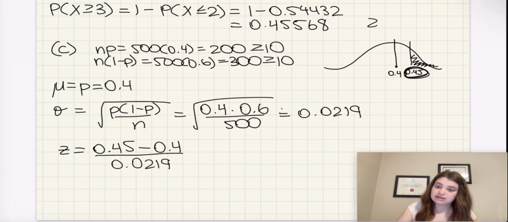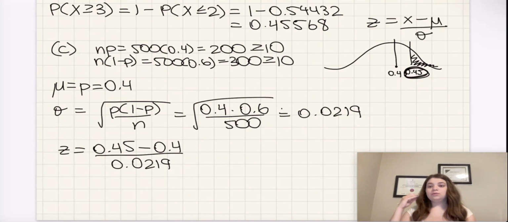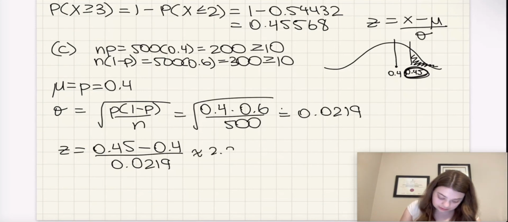Recall that in general, the z-score is equal to the number that we have minus mu, over the standard deviation. So we take what we're trying to find out, minus the mean, and then divide the whole thing by the standard deviation. If I do that, I get approximately 2.28.